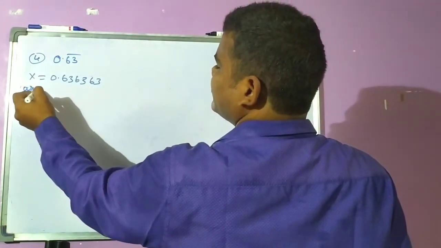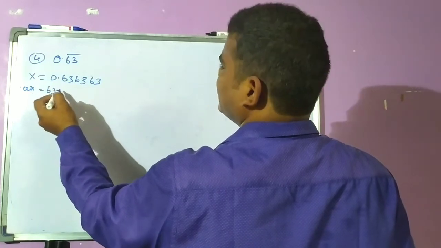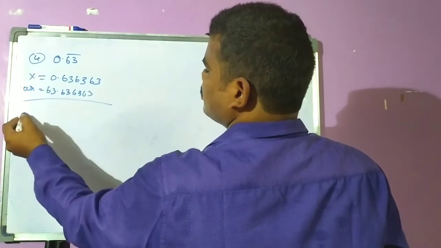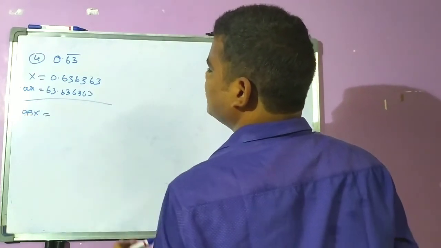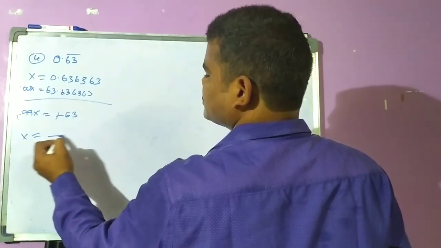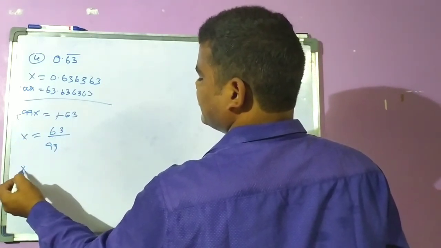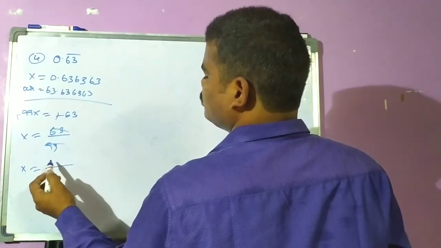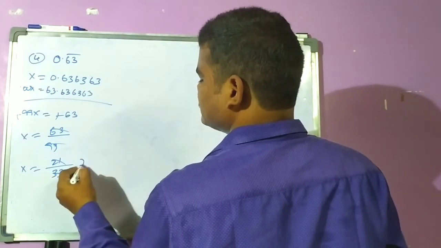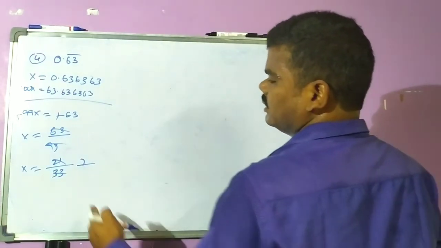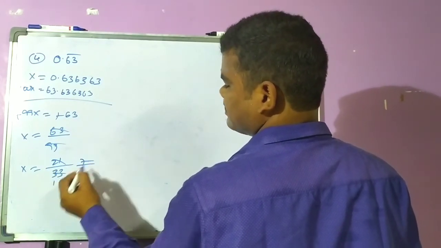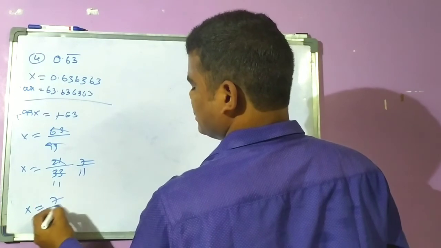Multiply with 100: 100x equals 63.6363. Subtracting, 99x equals 63. The decimals cancel, so x equals 63 by 99. Divide by 9: 7 by 11. X equals 7 by 11.